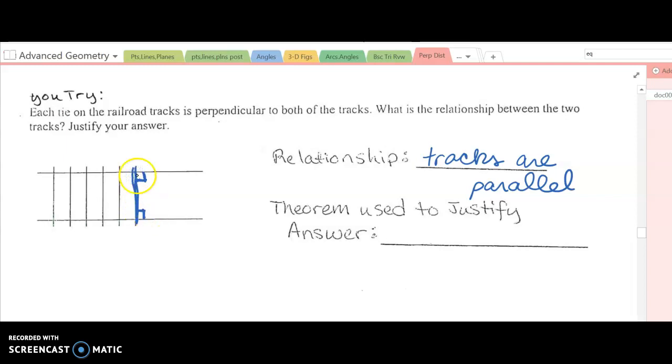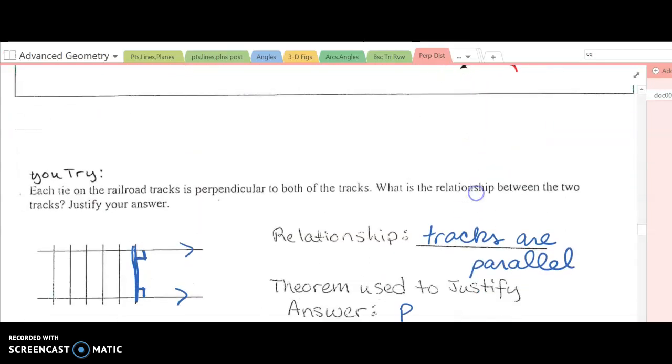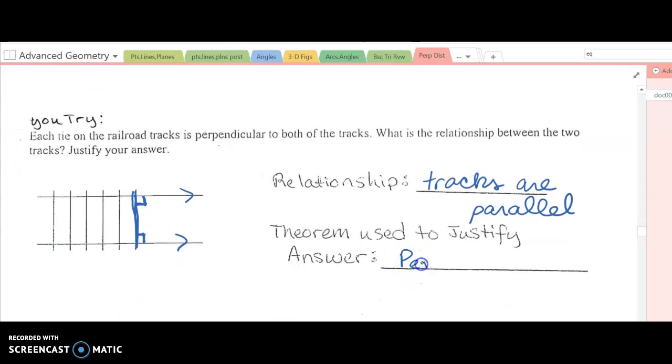And if they're both perpendicular to the same line, then they have to be going the same direction. So the perpendicular transversal biconditional is the name of this. So perp trans bicond if you want to abbreviate.